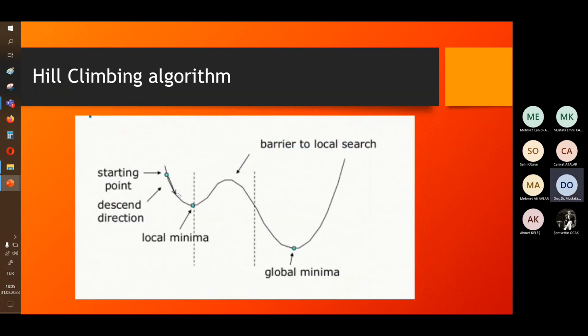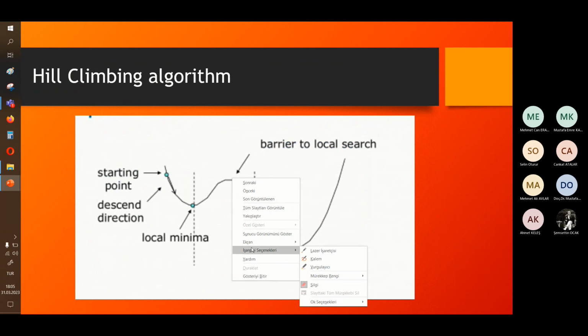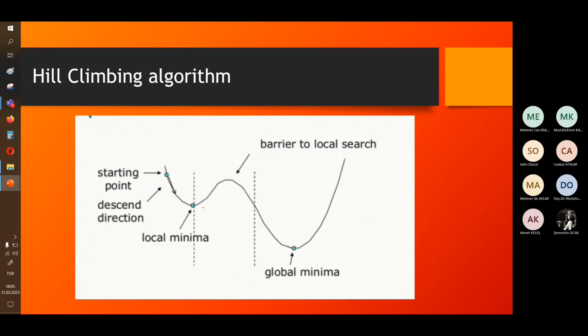By using this idea, imagine that we are here, and we are testing whether we should accept this solution. If this is a minimization problem, let's say this is current and this one is next.